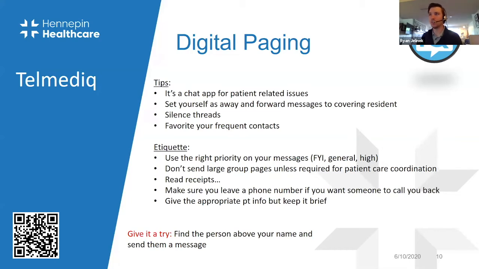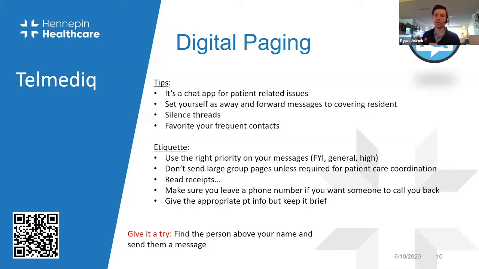And so depending on what priority you send a message at, it's going to make the noise on the phone when you get the message through Telmetic. It's going to follow with a text message, and then in some cases it will follow with a phone call after that. Because the idea here is that we want to make sure that you're getting the message. And if you're not on Wi-Fi, then we need to try a different method to get you that message.